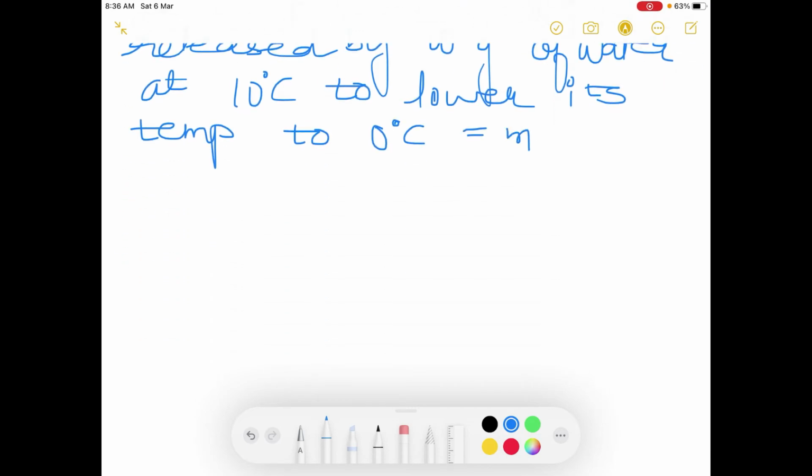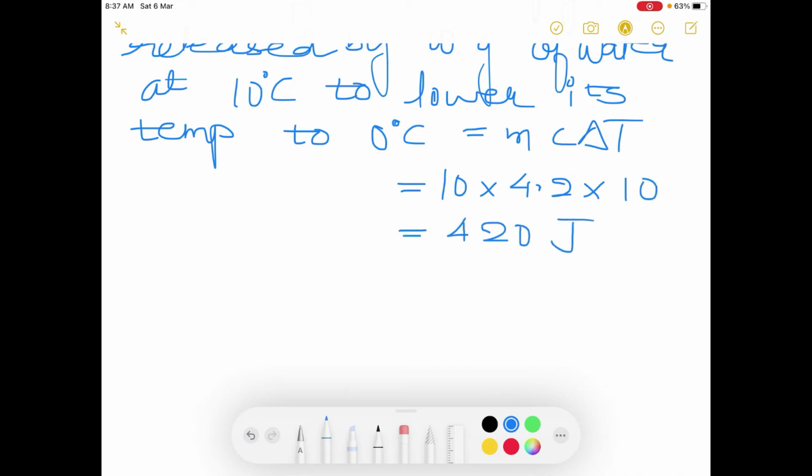That is given by mc delta T. That will be 10 multiplied by 4.2 multiplied by 10. So that is 420 joule.